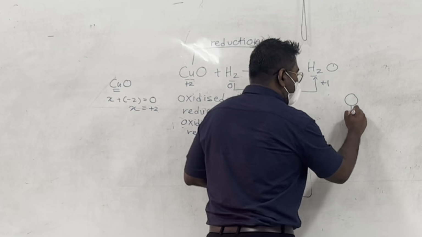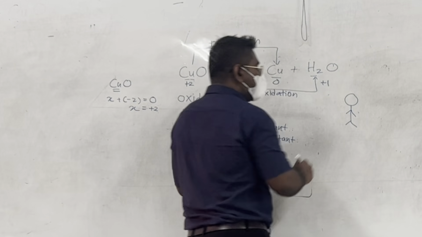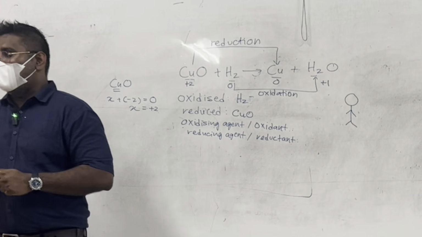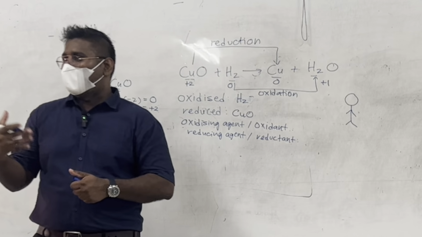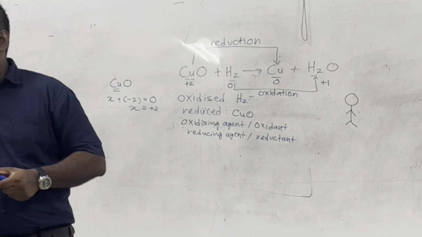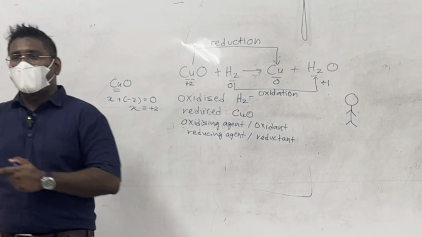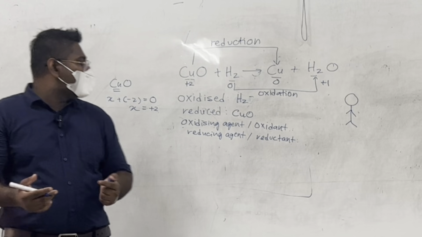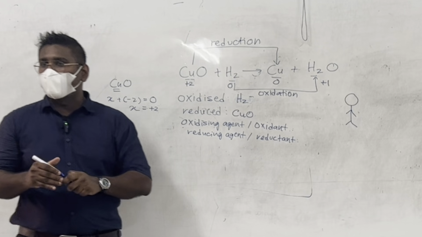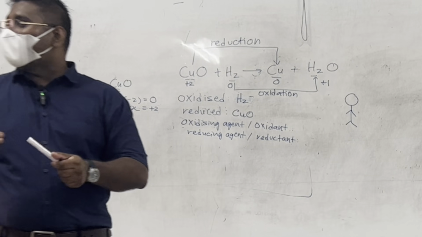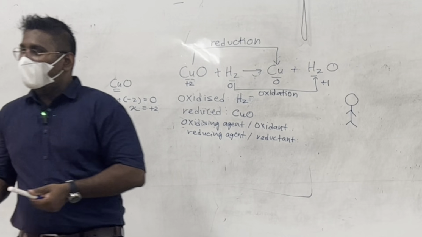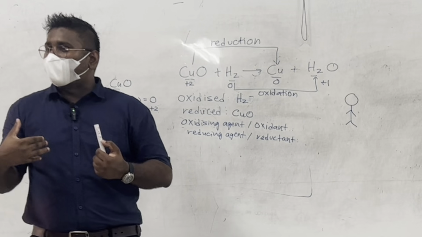If you have a person, let's say an insurance agent, they are trying to sell insurance. So they are going to ask you to buy insurance. In this case, what will the oxidizing agent do? They are going to oxidize others. In the process of oxidation, they will get reduced.